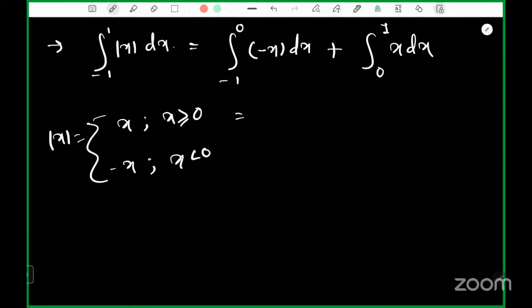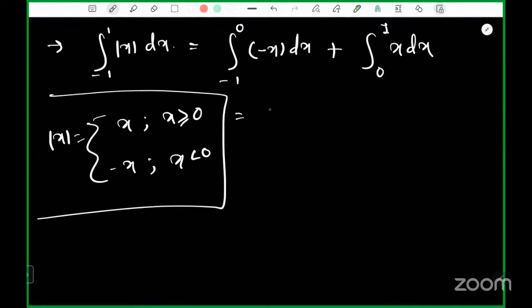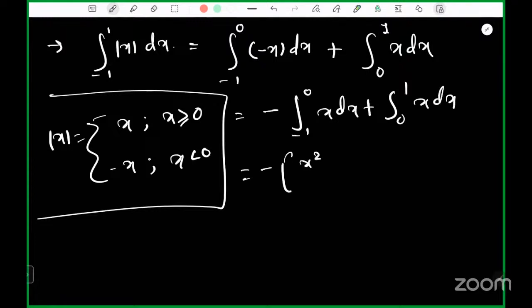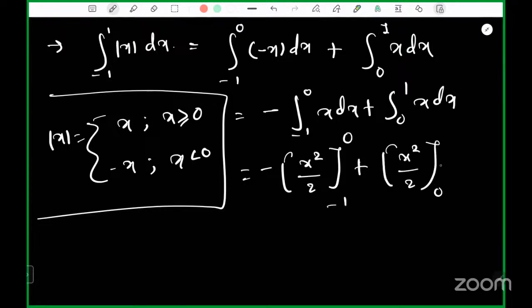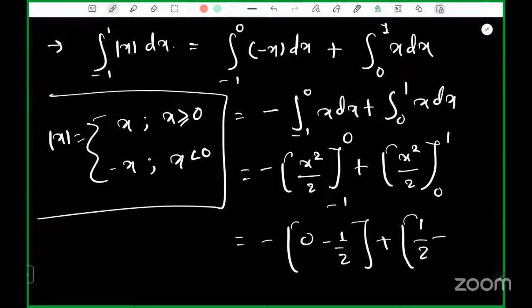So this will become minus of integration -1 to 0 x dx plus integration 0 to 1 x dx. So this will become minus of x square by 2 and plus of x square by 2. Here the limit is -1 to 0, here the limit is 0 to 1. So this is minus of it, take 0 and then -1 by 2, and then plus 1 by 2 plus 0.